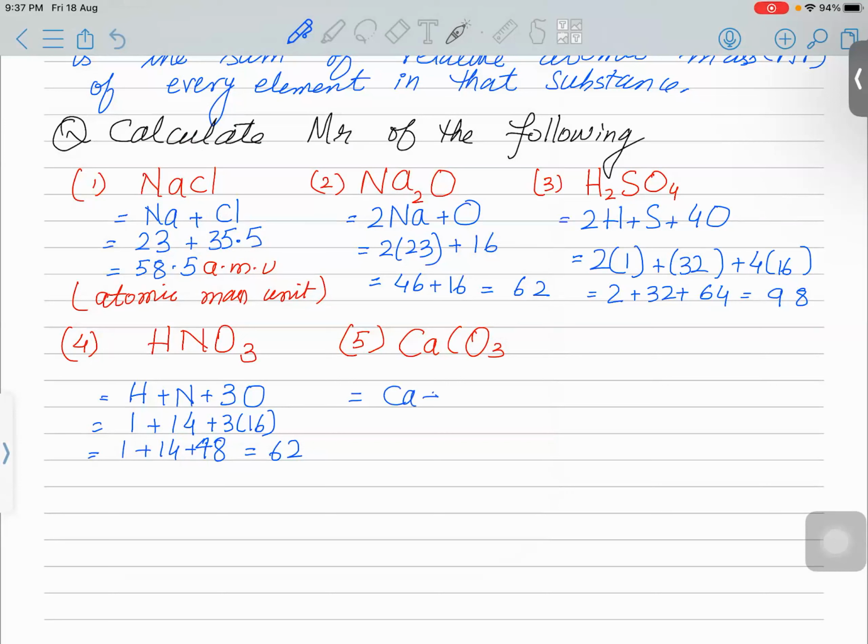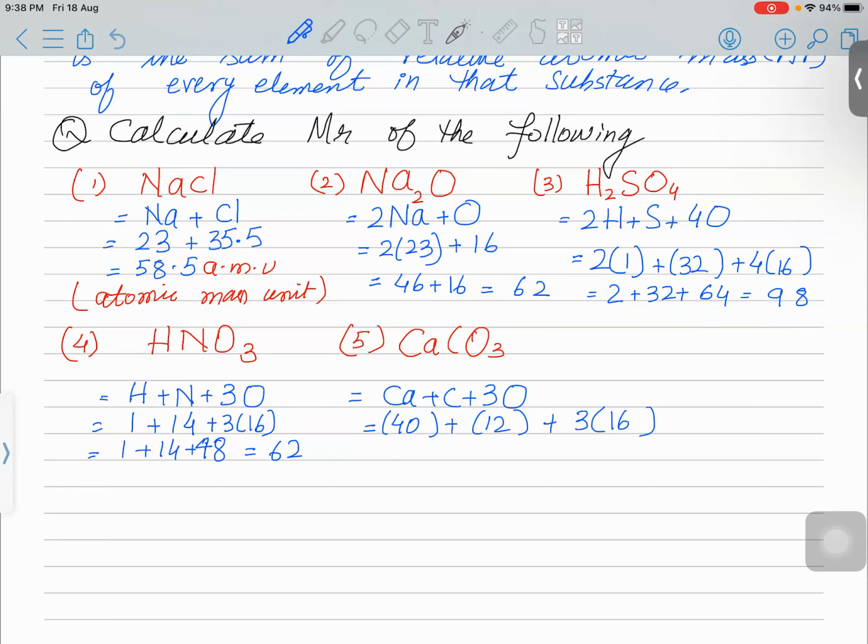Then Ca is 40. Carbon is 12, and then 3O, so 3 times 16. And then if we add 40, 12, 48, that is 100.